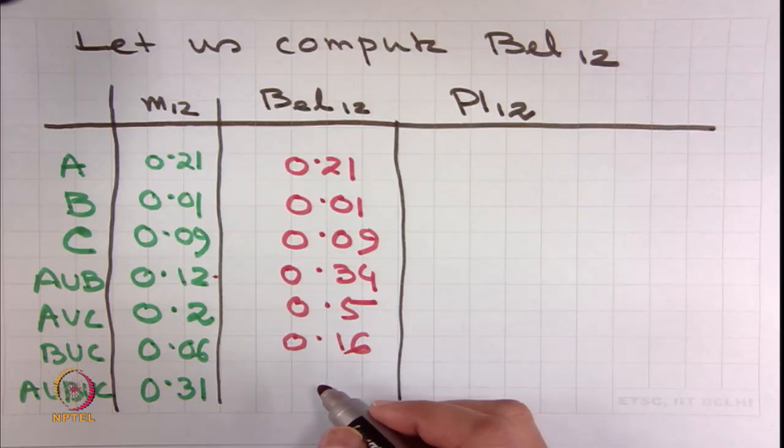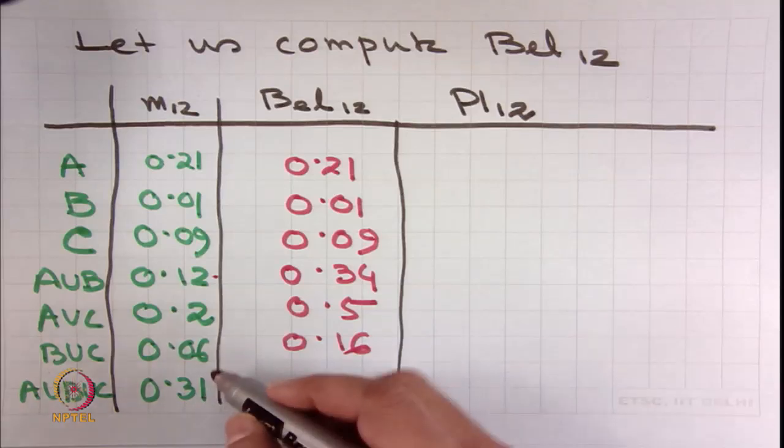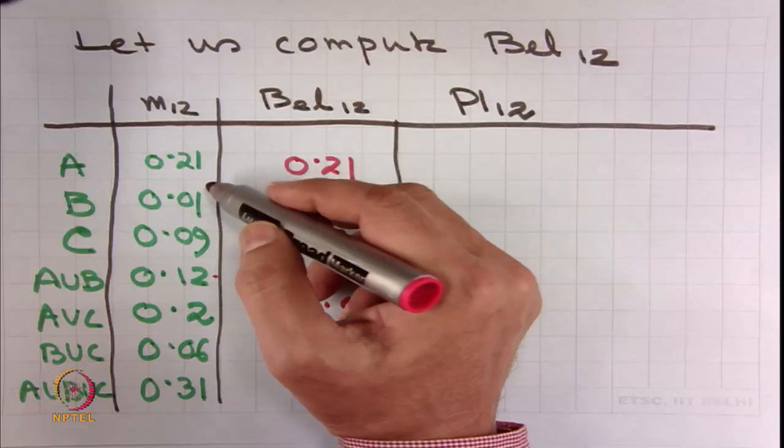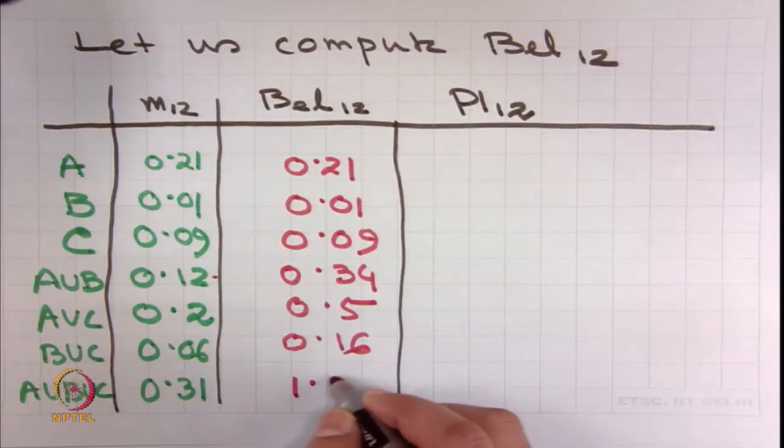And finally, for A union B union C, it is going to be the summation of all of them, which is 1.0.